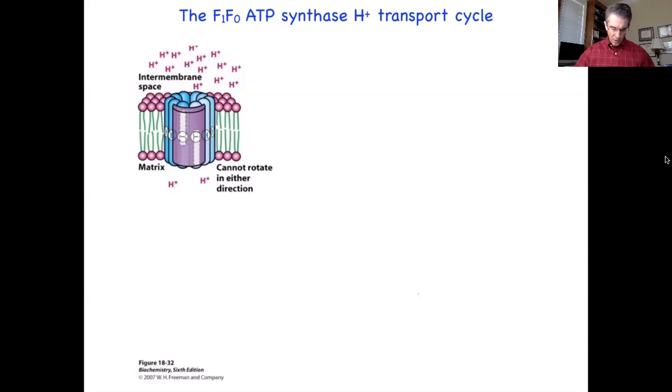All right. So under conditions where that side chain is deprotonated, right? Now we have sort of two spots here. We have two C subunits, two aspartic acid residues, one positioned with the half channel into the matrix, the other positioned with the half channel into the intermembrane space. And if they're deprotonated, the thing's locked, right?